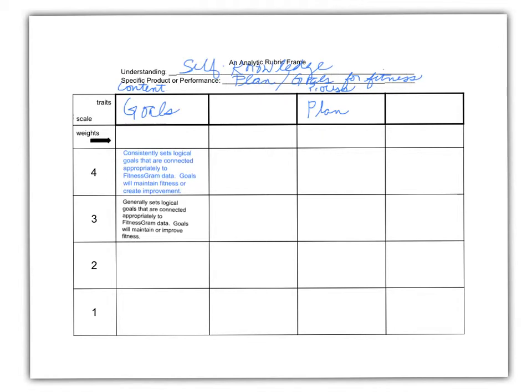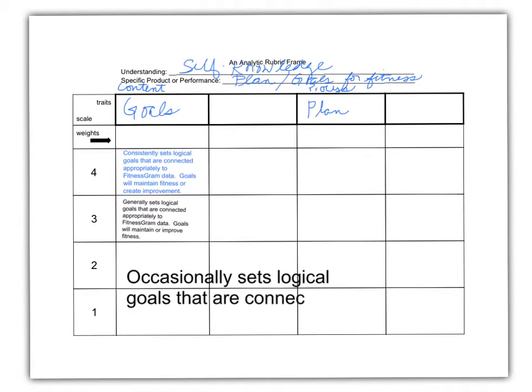Next column down, using my differences in degrees, I'm going to say that they occasionally sets logical goals that are connected appropriately to fitnessgram data. You see where this is going? And then I'm going to throw in another difference in degree here because maybe those goals may not maintain or improve.